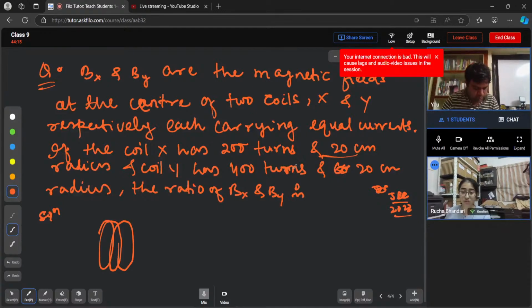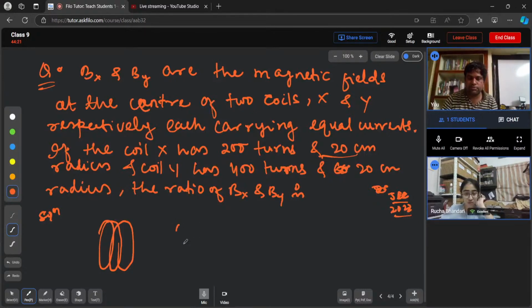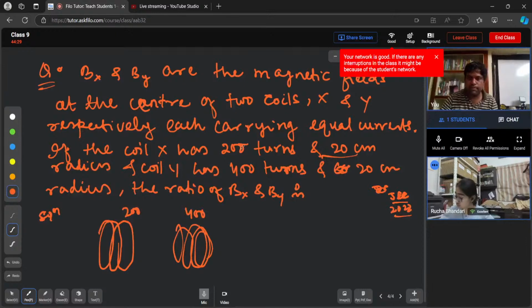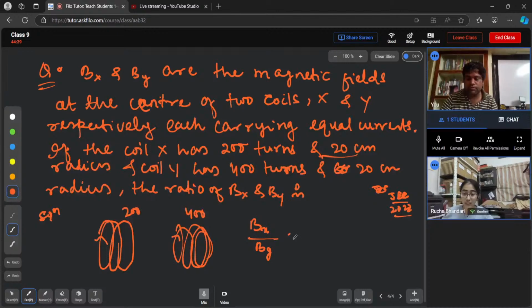One has 200 turns, another has 400 turns. The current flowing is also the same. So it is very easy, we just have to take the ratio.